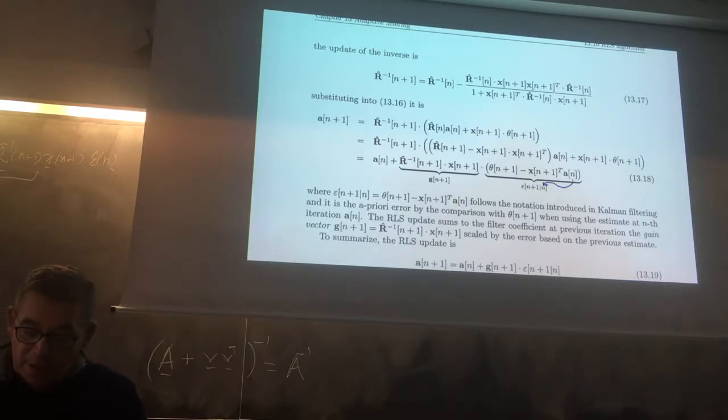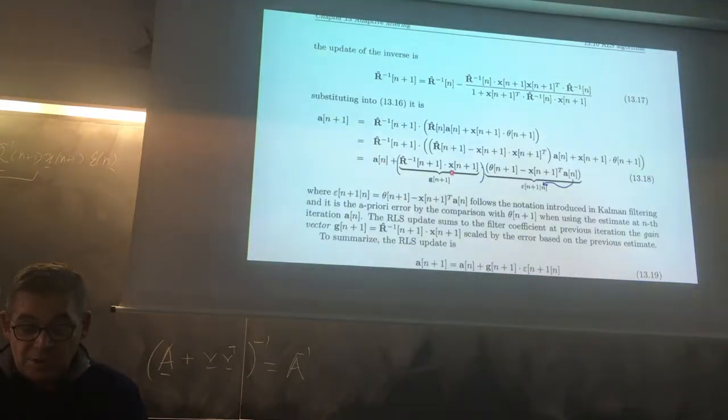Okay. Now, another way, which unfortunately, since I moved this part before, we cannot really appreciate, is that I can group the terms in a different way, like here and there. Then, grouping this way, I can see that the update at iteration n plus 1 is equal to the filter at iteration n plus g.